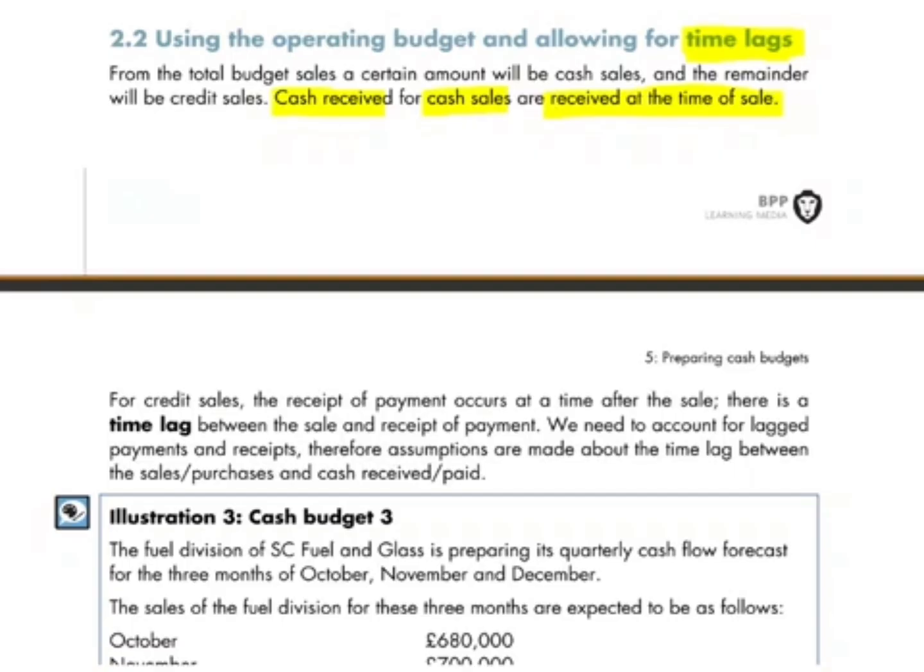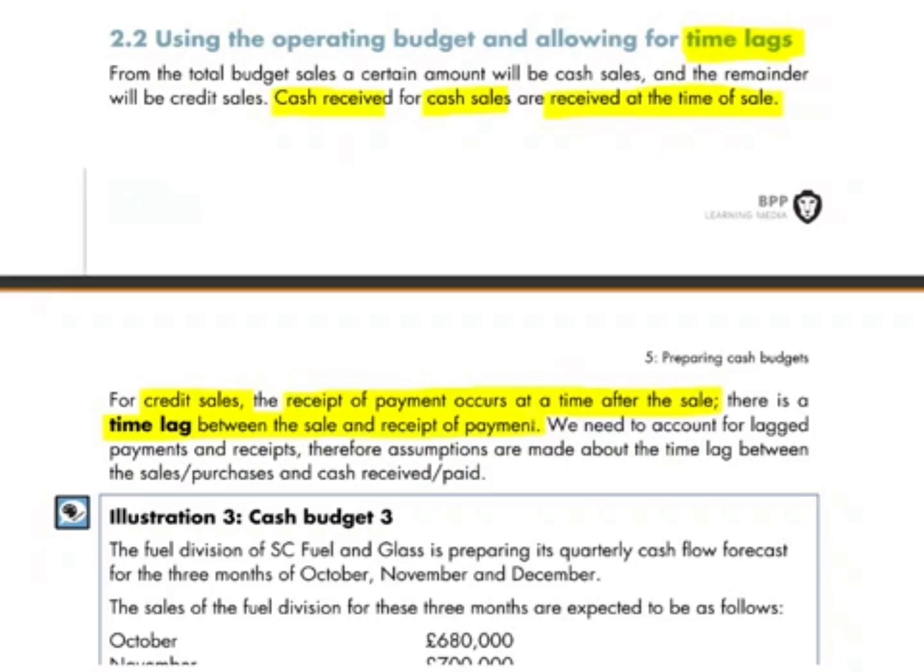However, there are situations in most organizations where we are giving our customers some credit, or we are receiving some credit from our suppliers. So if we do have credit sales or credit purchases, receipt or payment of the cash occurs at a time after the sale or the purchase is made, and therefore there's a time lag between the sale or the purchase and the receipt or the payment of the money.